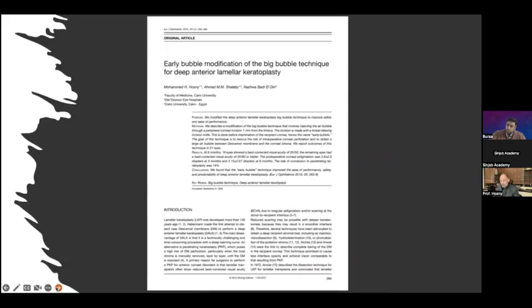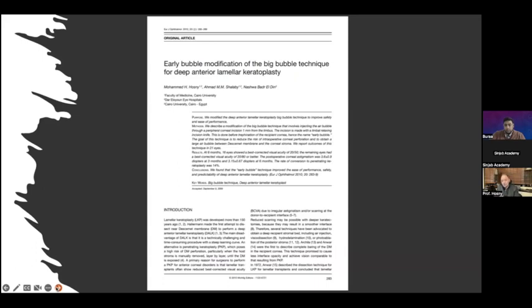So what to do, how to avoid perforations, we have described, this was again in 2010, in a publication in the European Journal of Ophthalmology, a way of getting the big bubble before even trephination to avoid perforations.